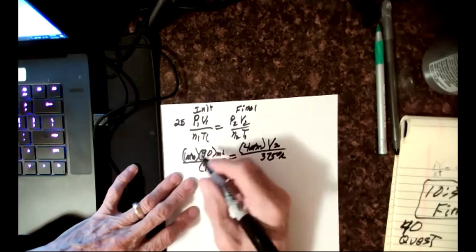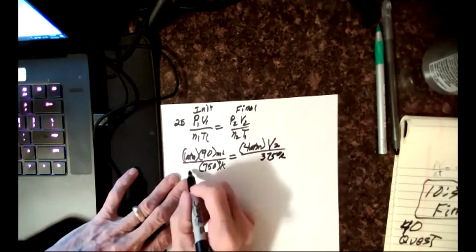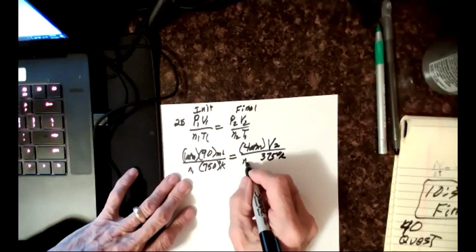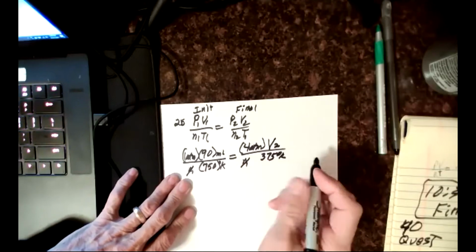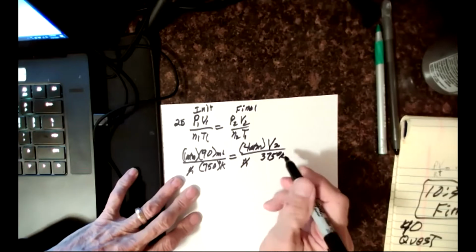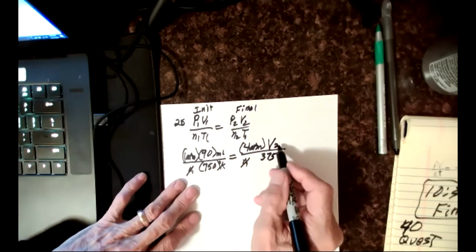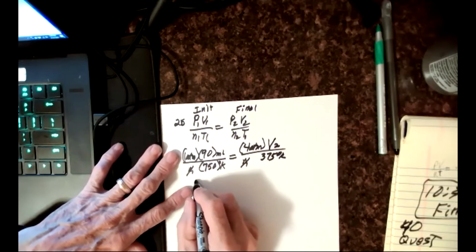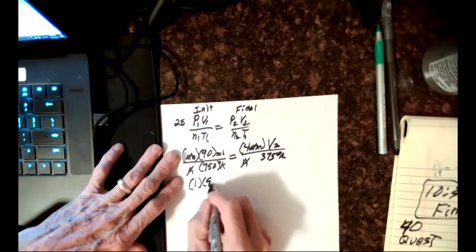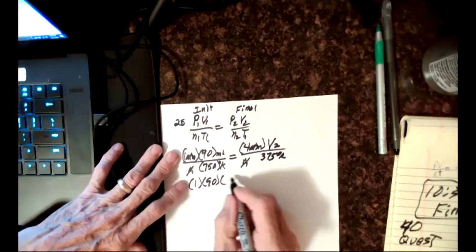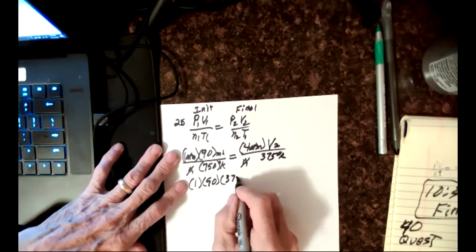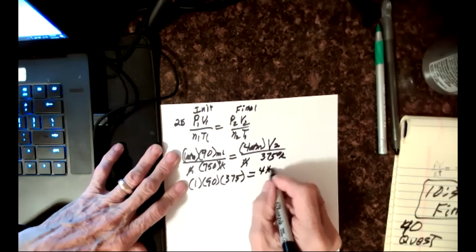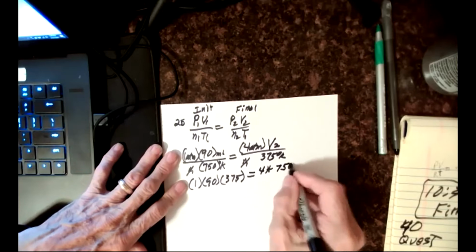Now, if I've got this oxygen, that's all I've done to it, the number of moles here, N1, will equal N2. So they'll cancel. And so it looks like I can solve for my answer. I can cross multiply 1 times 90 times 375 is going to be equal to 4 times 750 times V2.